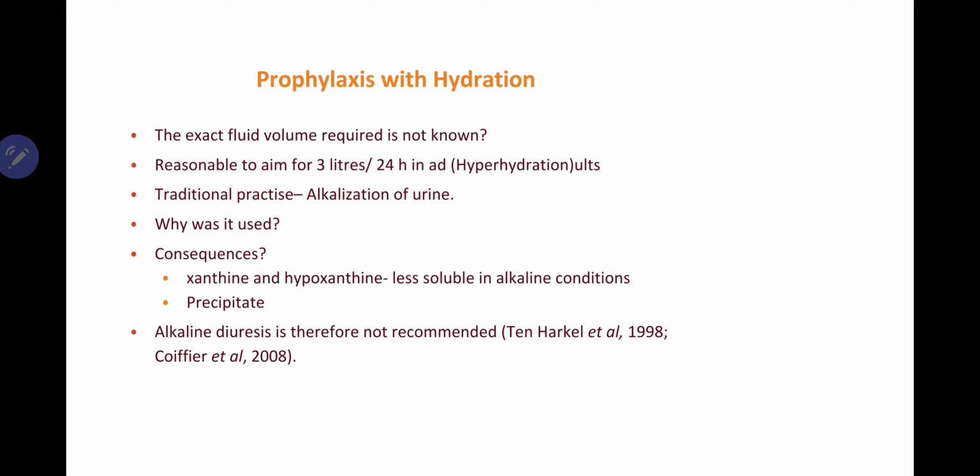There was a traditional practice to use alkalizing agents in the urine, because we have seen initially that acidic urine will cause increase in uric acid crystallization and acute kidney injury. But it was noted later that when we use alkalizers in urine, there will be hypoxanthine and xanthine precipitates, and it will further worsen the condition, hence it is not recommended.